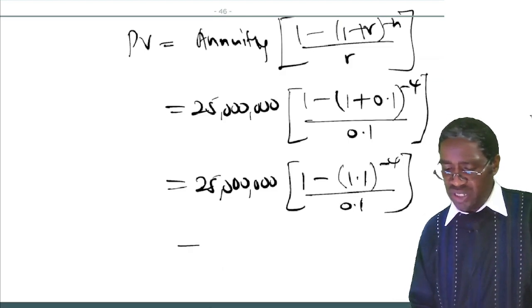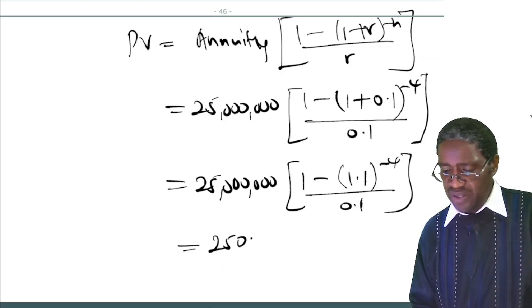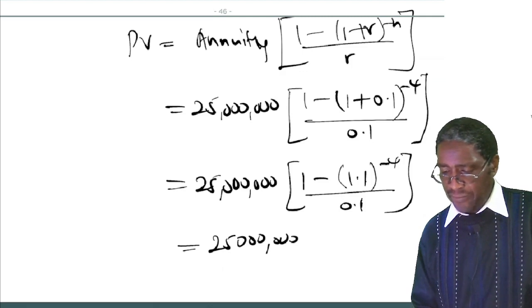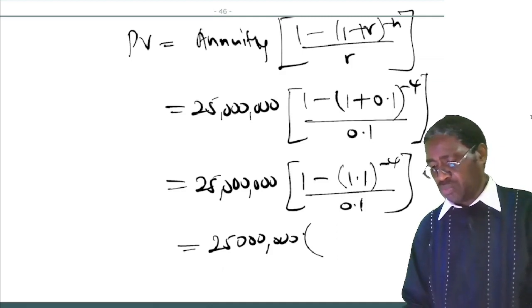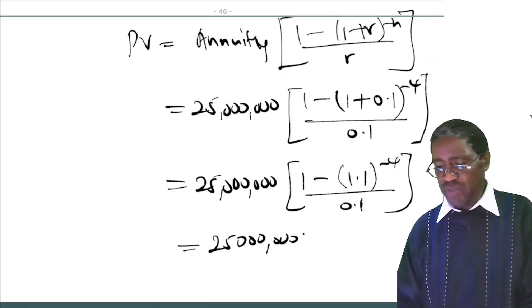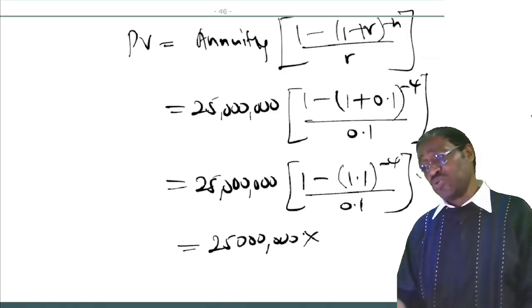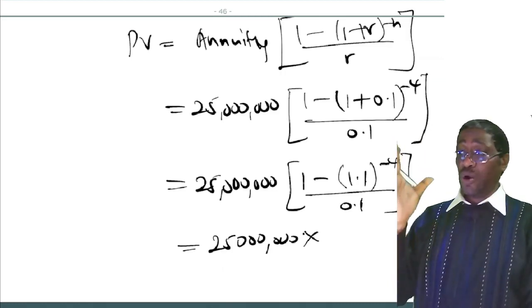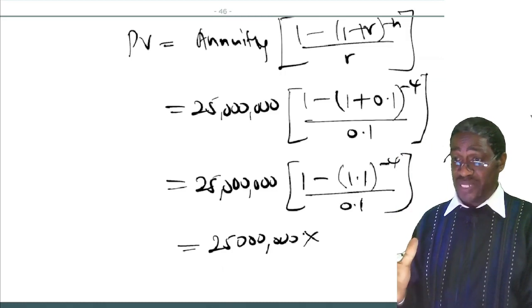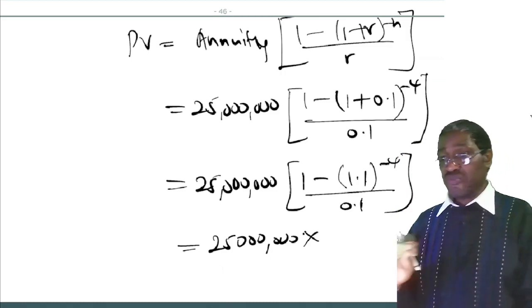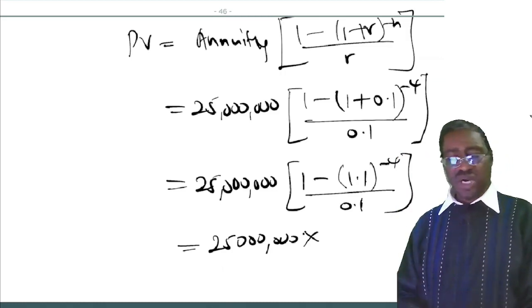So let me get this factor. Of course, you can use the table, where you go to the column of your 10% and the row of 4 years to get the discounting factor.